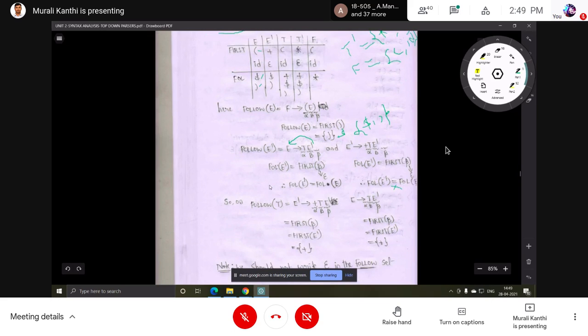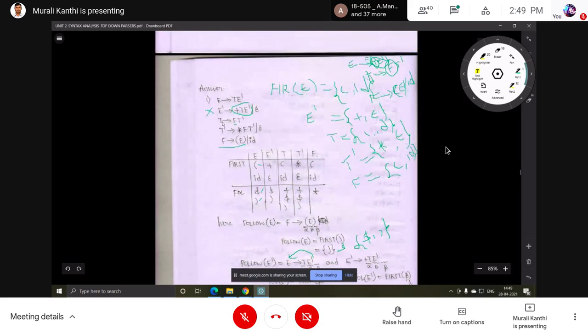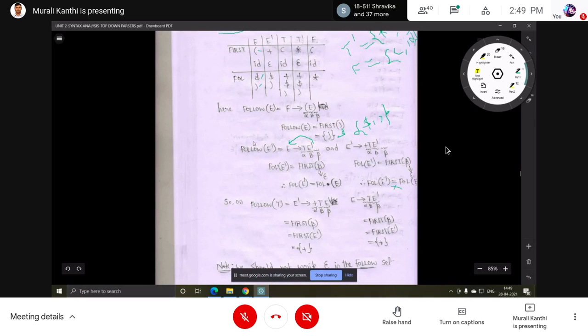Next is T. On the right hand side, where is T? In two productions, this one and this one. After T, compare with the general form A implies alpha B beta. B is T, beta is E dash.